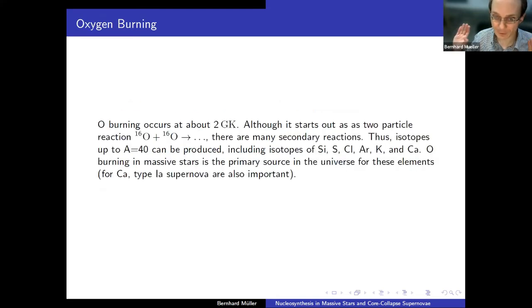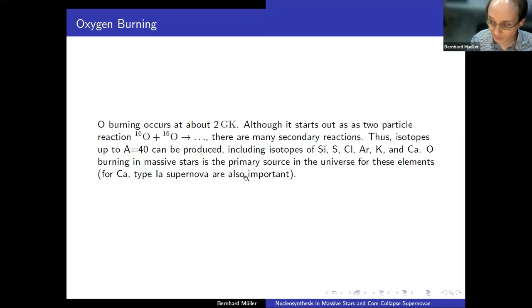Then oxygen burning: you need somewhat higher temperatures in hydrostatic conditions, about 2 gigakelvin, and oxygen burning in terms of the products starts to be more complex because of the many secondary reactions. You produce everything from silicon, sulfur, and further up with somewhat lower abundances, intermediate mass elements like chlorine, argon, potassium, and calcium, and so on.